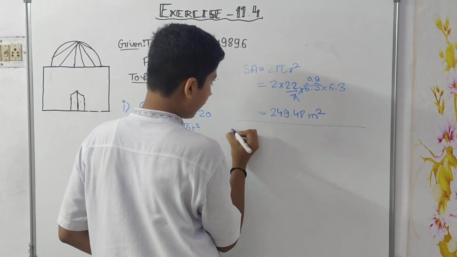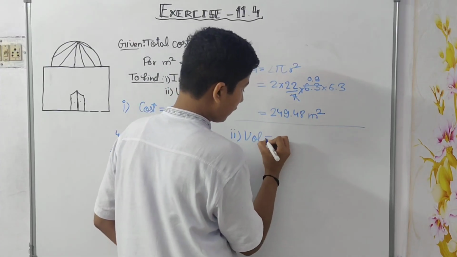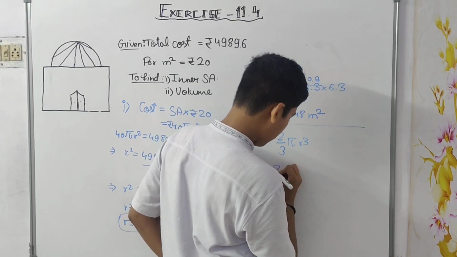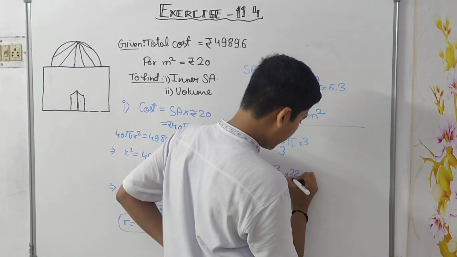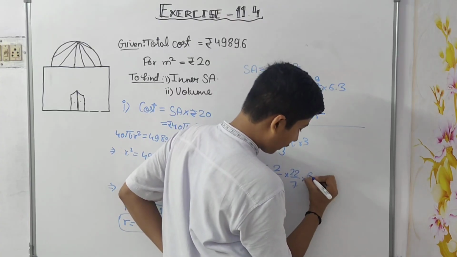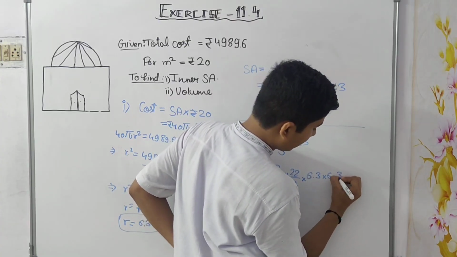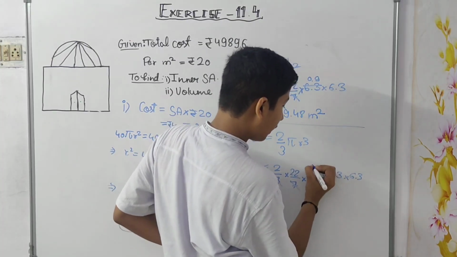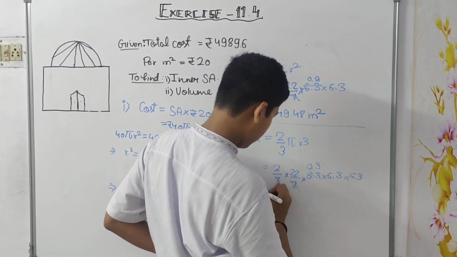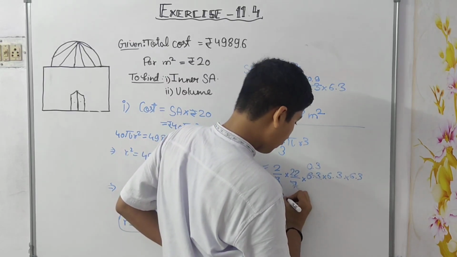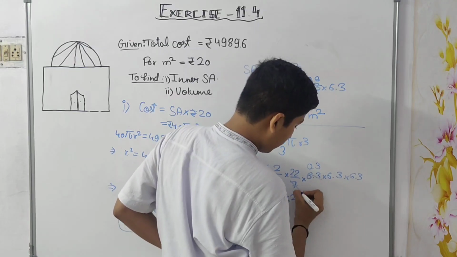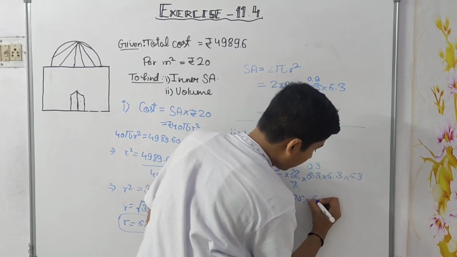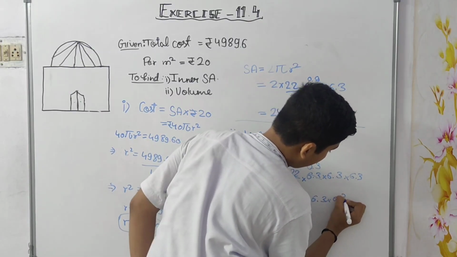Now we solve the second part, which is volume, equals 2 by 3 pi r cube. That is 2 by 3 into 22 by 7 into 6.3 into 6.3 into 6.3. The 3 cancels with 6.3 giving 2.1, and 7 cancels with 2.1 giving 0.3. So it is 22 into 2 into 0.3, or 22 into 0.6, into 6.3 into 6.3.